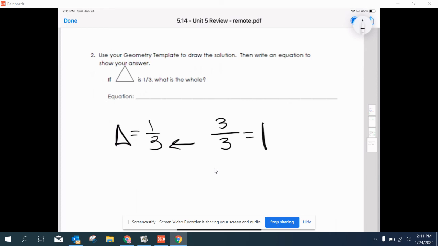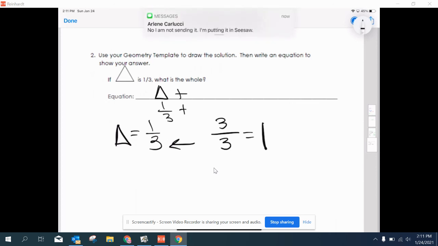So I know that I want 1/3. That's my 1/3. And I want to add it to something to get to 3/3. Well, I'm thinking to myself, 1/3 plus 1/3 plus 1/3 equals 3/3. I'm thinking in unit fractions. So 1/3, and the next triangle equals 1/3.